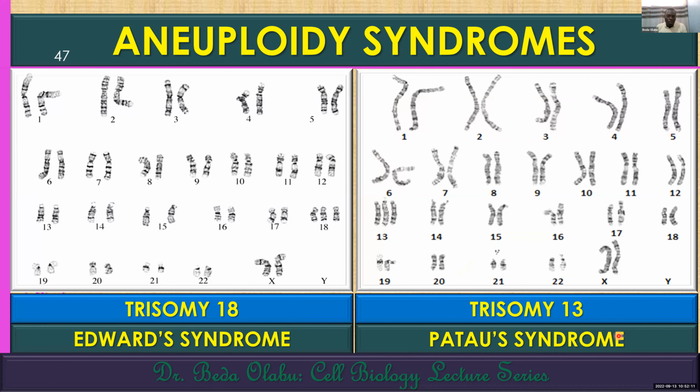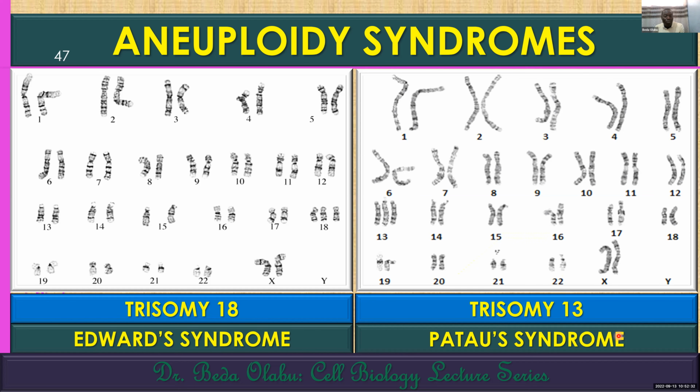So the most common aneuploidy syndromes are, sorry, not Turner syndrome. Trisomy 21, that is Down syndrome, the most common, followed by these two, trisomy 18 and trisomy 13.